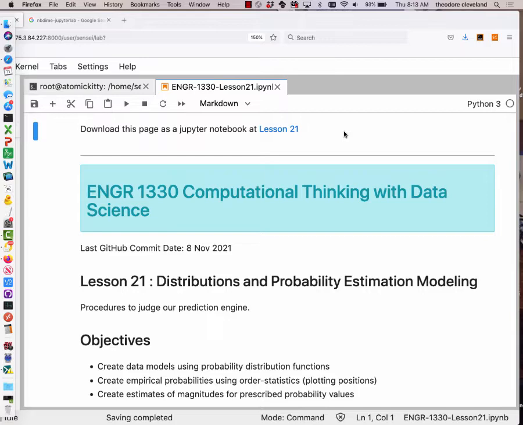Now in probability estimation modeling, I'm going to draw the plot a little bit differently than you're accustomed to. So this will be the magnitude of the observation. Think of it as still the response.